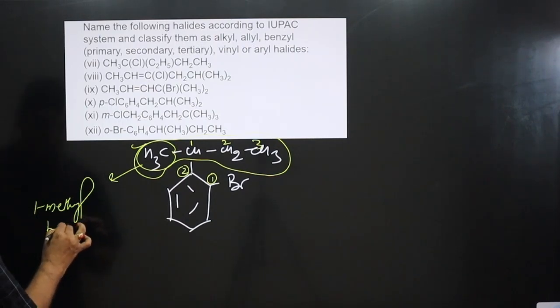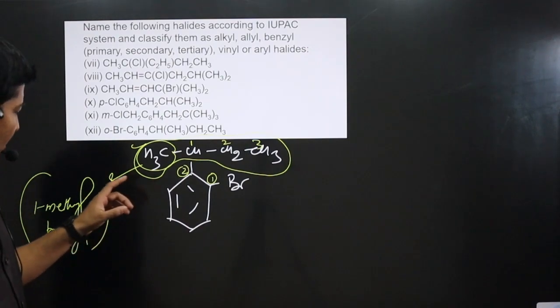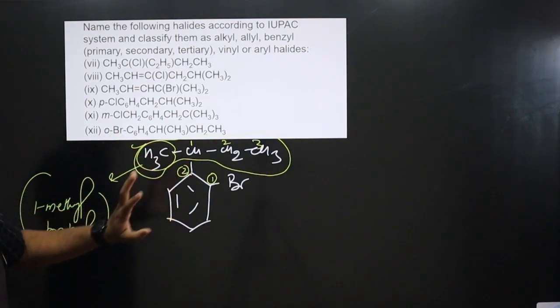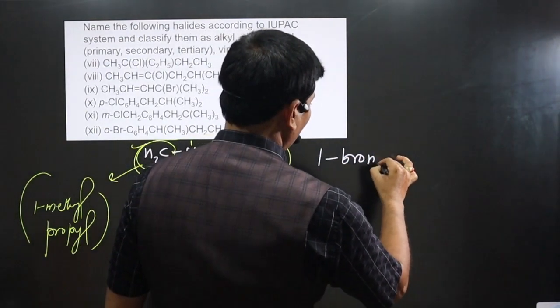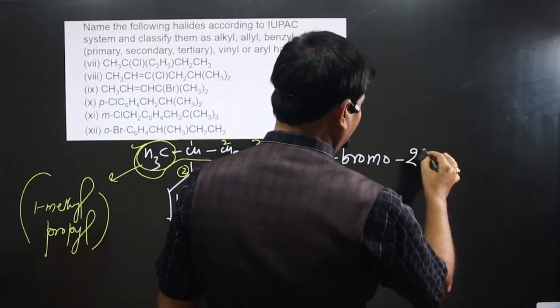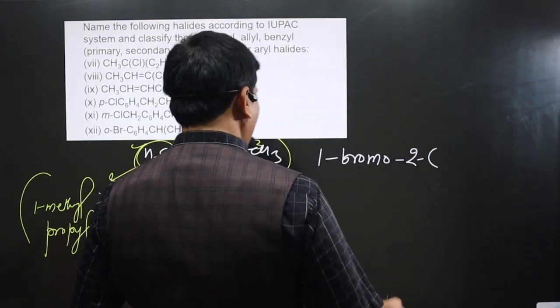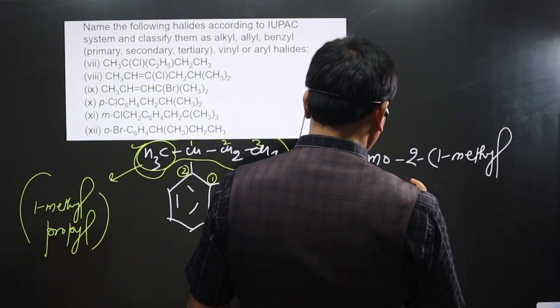But this group is attached to the second carbon, so follow the order. We have 1 bromo, and then the second carbon, so we can mention 2 bracket, 1 methyl propyl.